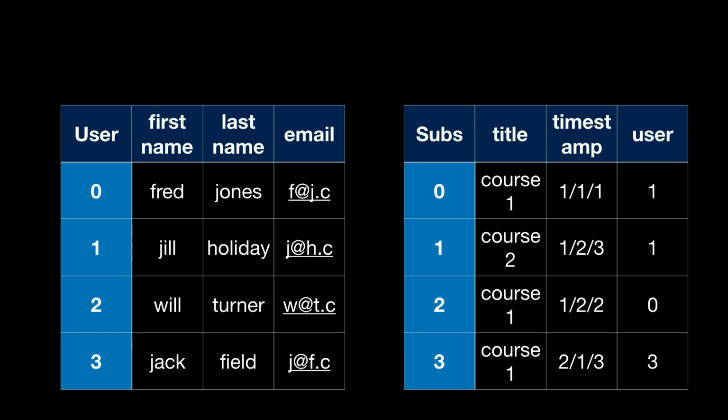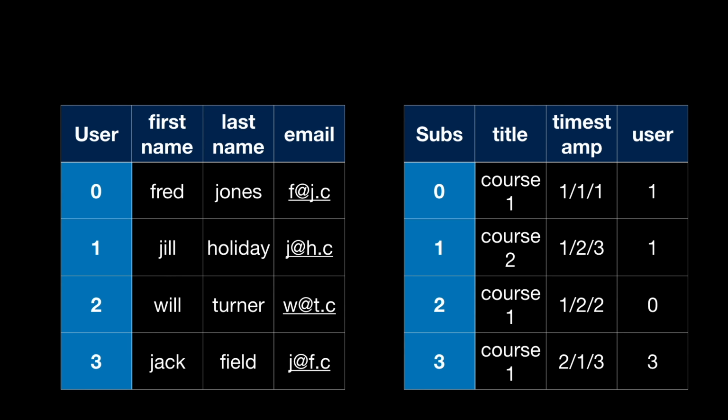Pretty straightforward, but then where things start getting a little tricky is when we're trying to represent a relationship between users and subscriptions. So what you would have to do in this case is called a many-to-one relationship. And what I mean by that is many different subscriptions can belong to a single user.